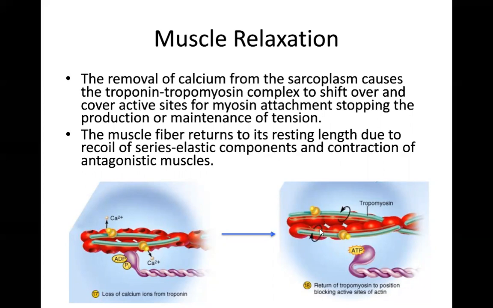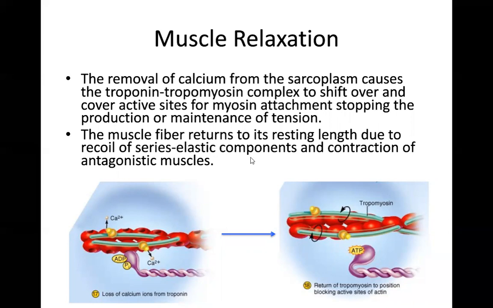because that is blocked. And so removal of calcium from the sarcoplasm causes the troponin-tropomyosin complex to shift over and cover the active sites. Active sites, same thing as myosin binding sites for myosin attachment, stopping the production or maintenance of tension. Muscle fiber then can return to its original length due to the recoil of the series elastic components.